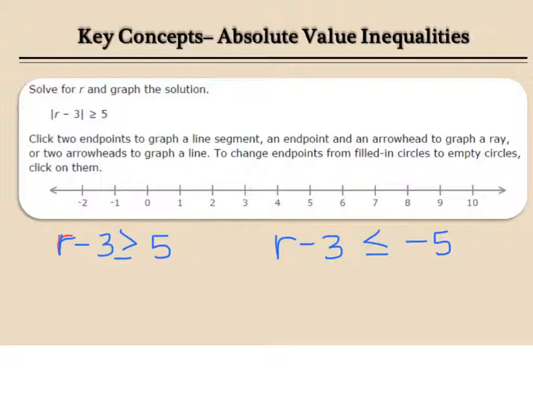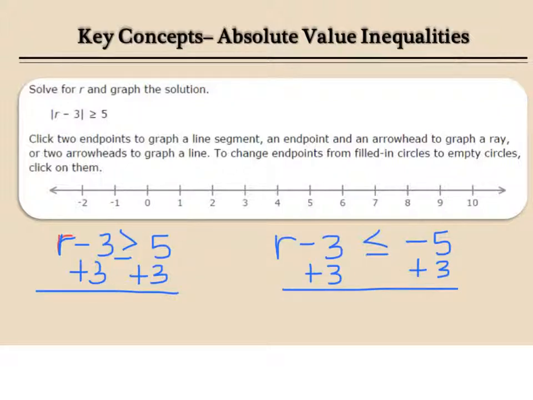So my first step is to add 3. And I'm going to do that and add 3 all the way across. You can do this one equation at a time, or you can do it all the way across like this. 5 plus 3 is 8. My 3's cancel out. Negative 5 plus 3 is negative 2. So now I have my 2 numbers.